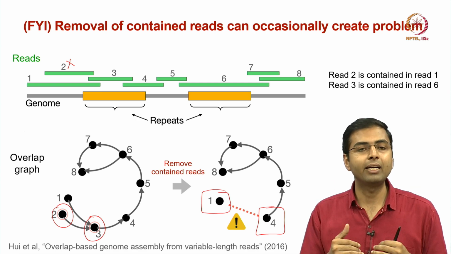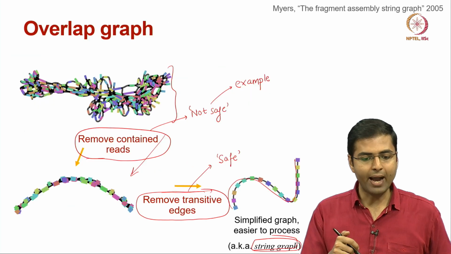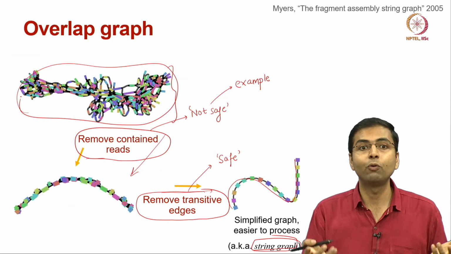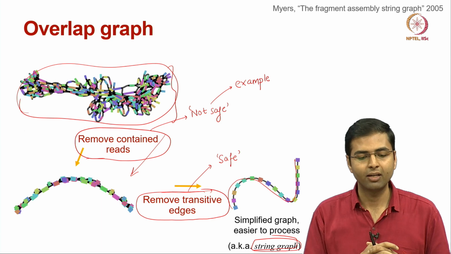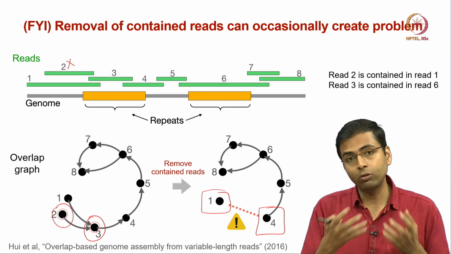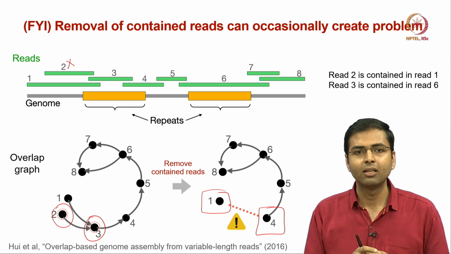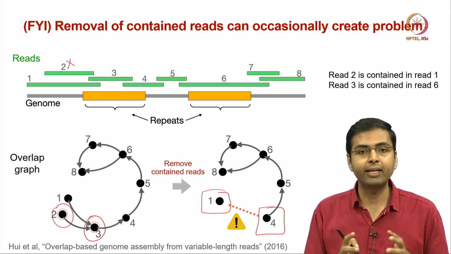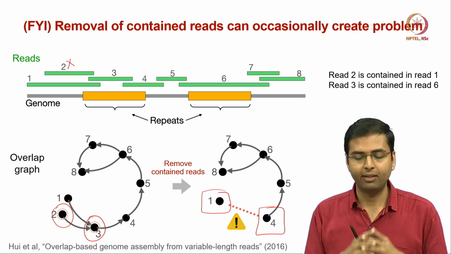If we keep all the contained reads, then we go back to the complex graph which cannot be used, which is not useful in practice. So, occasionally this contained read removal can also disconnect the graph, but this happens occasionally. Most of the contained reads in practice will be redundant.